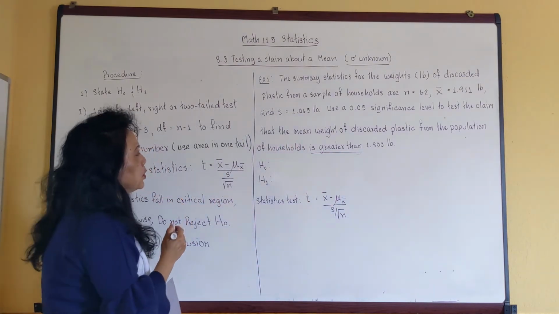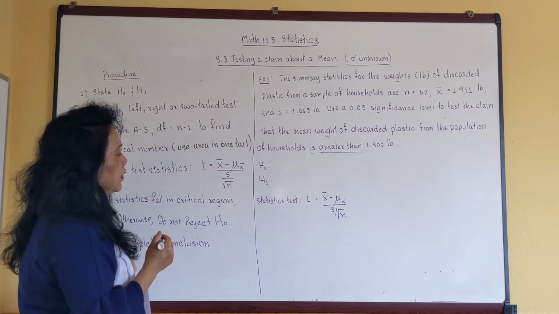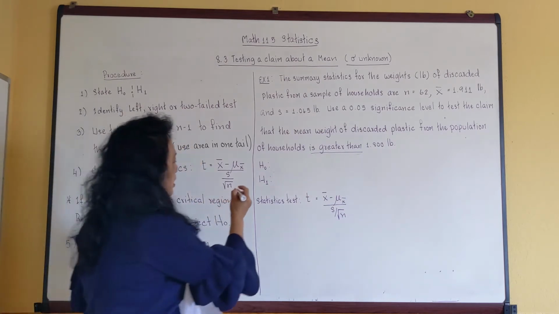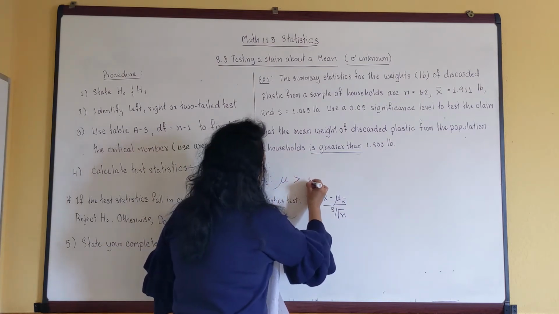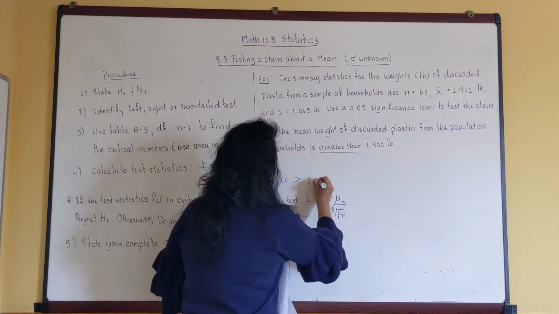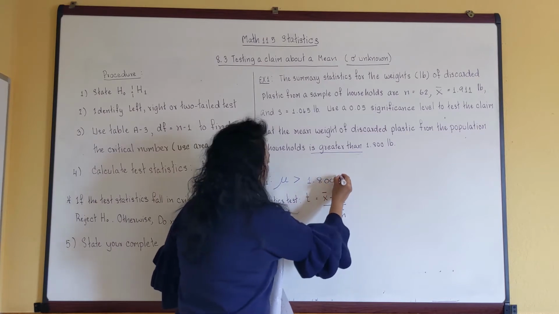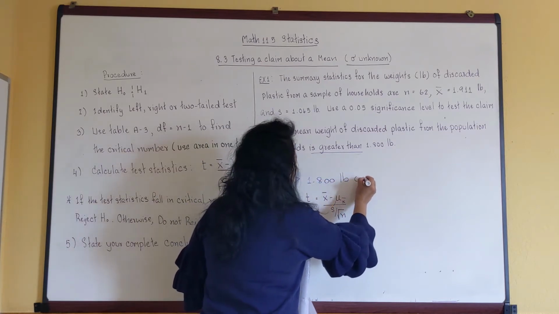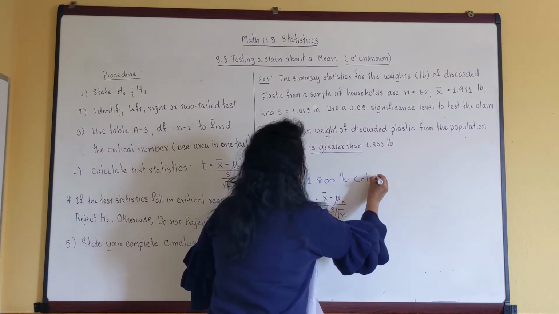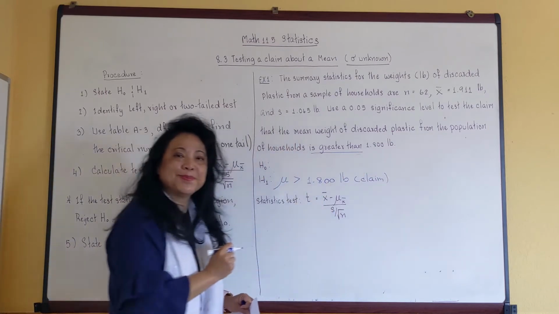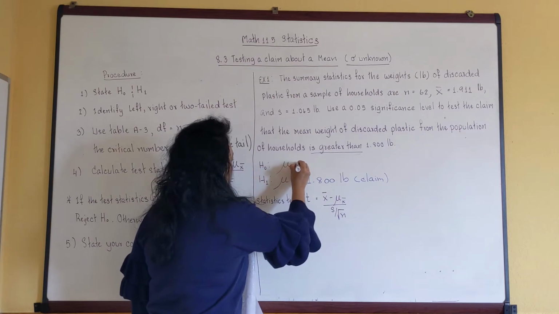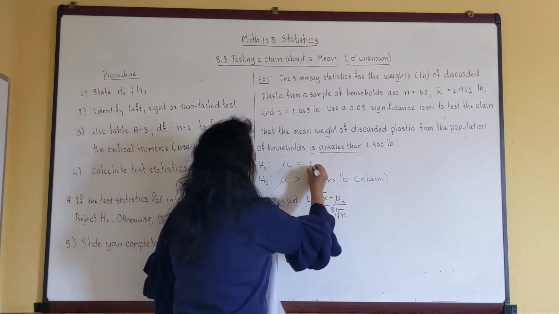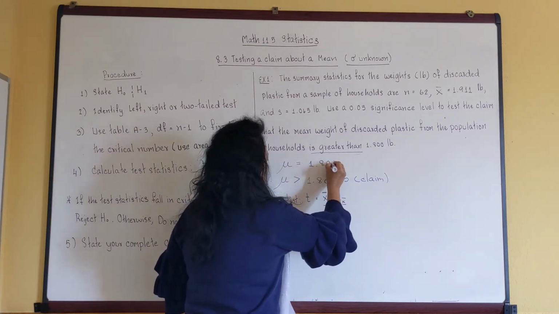That would become your alternative hypothesis, and we talk about the mean, so we're gonna use mu is greater than 1.8 pound, and this is your claim. Now the null is gonna be mu equals 1.8 pound.